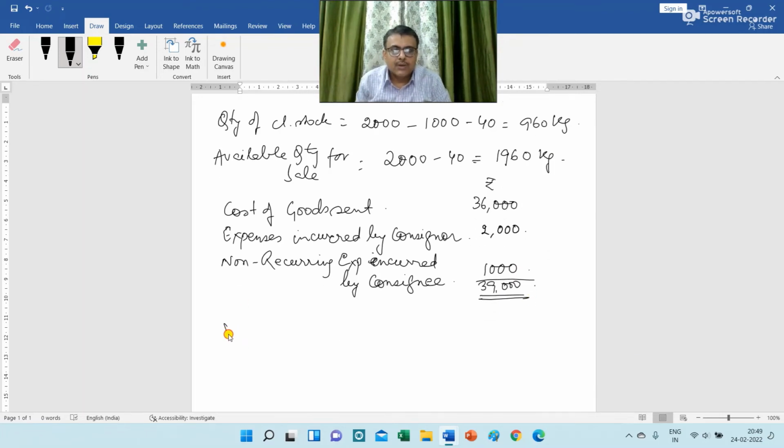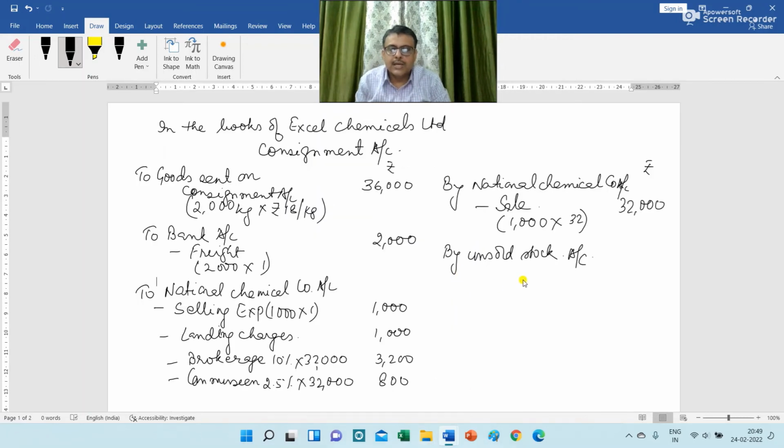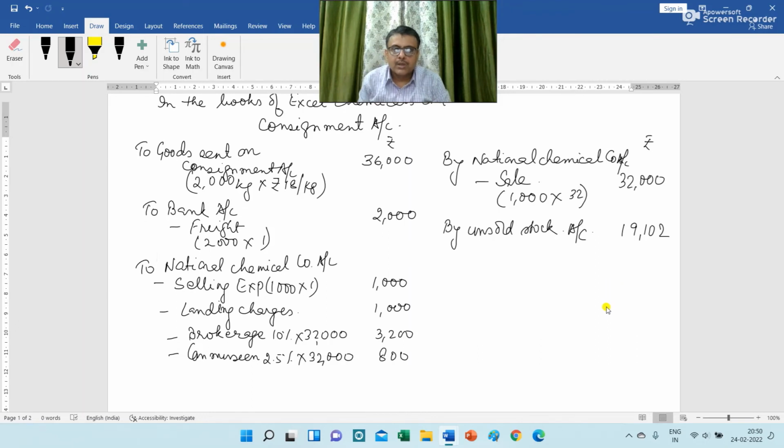So value of closing stock is equal to 39,000, the cost of goods consigned, into quantity of closing stock 960 kg divided by available quantity for sale, 1960. So value of closing stock is 19,102. Here I am writing the value of closing stock as 19,102. Then you need to sum the total of the credit side.